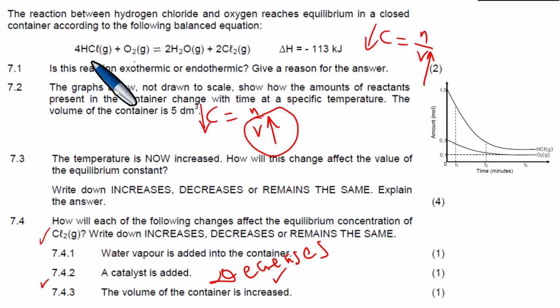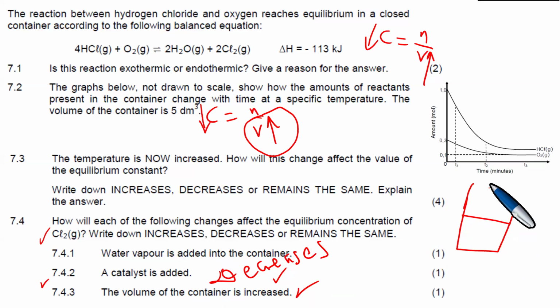Because everything is in one container. And if everything is in one container and somebody says the volume is increased, how would one increase the volume? Maybe they double the volume. So if they increase the volume, then there's more room.